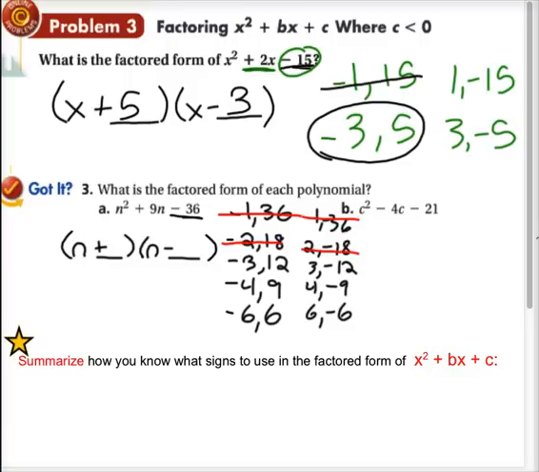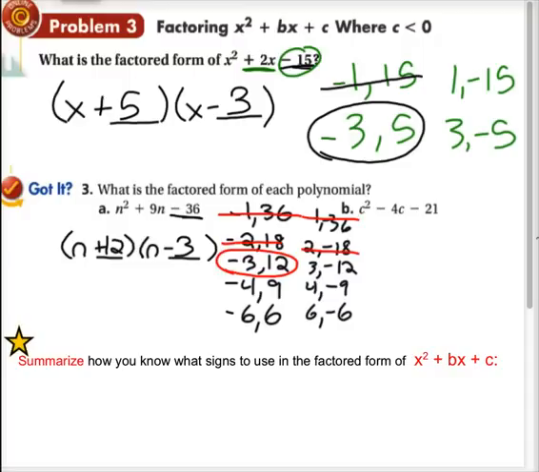So we know neither one of those is what we are looking for. Negative 3 and 12. Oh, those add up to 9, don't they? So I found the two numbers that multiply to give me negative 36 and add to 9. So now all I have to do is fill those in. n plus 12 and n minus 3.